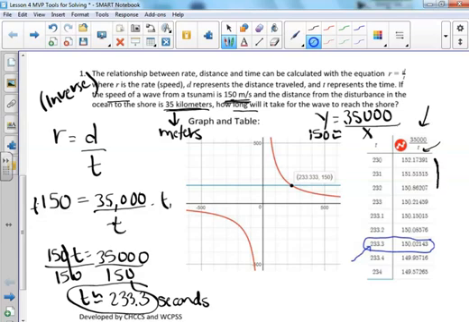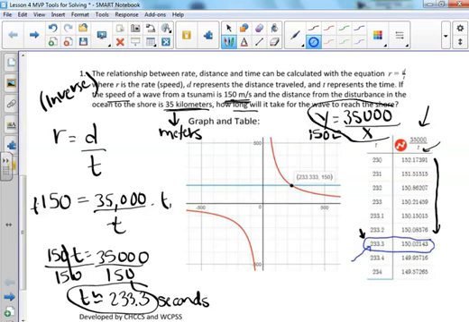If I go down my y's, I notice that the closest to 150 would be here when t is 233.3. So therefore, at 233.3 seconds, we have approximately the speed of 150 meters per second. So looking at the table, that's how we can use our table to find our answer.